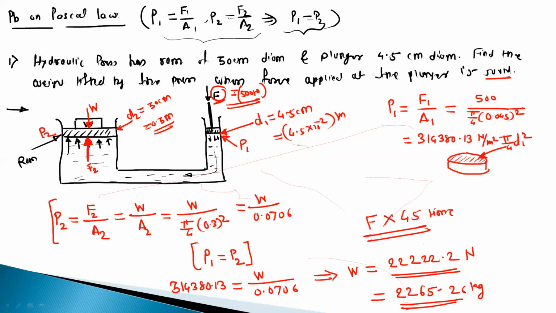So with the help of a very small force, we can lift a large weight. By using this law and this equation, we design the hydraulic press or the hydraulic jack, which is used to lift the car.